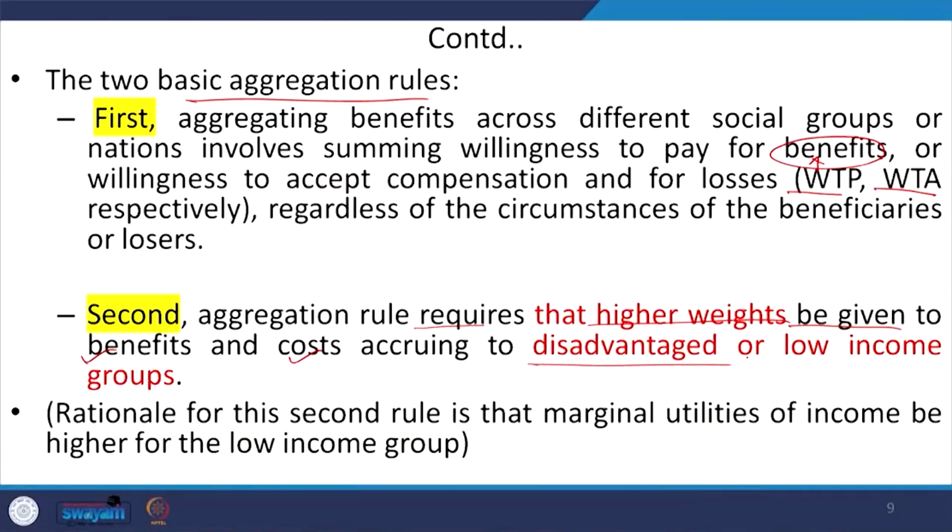So, what is the rationale for giving higher weights to the preferences of the low income groups or less privileged groups? The rationale is that we know that the marginal utility of income will be higher for the low income group in comparison to the marginal utility of income for the higher income group.